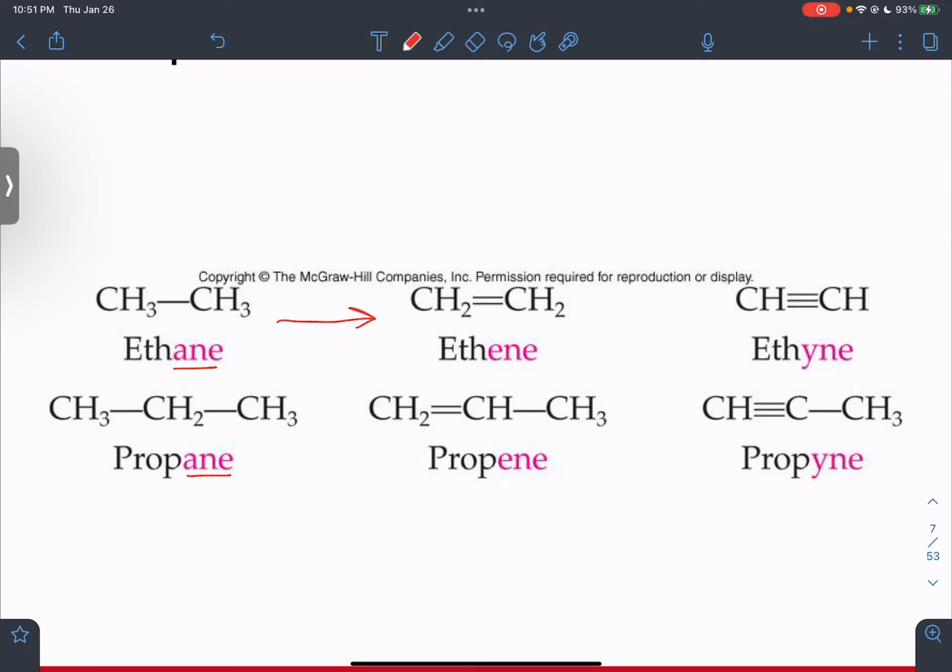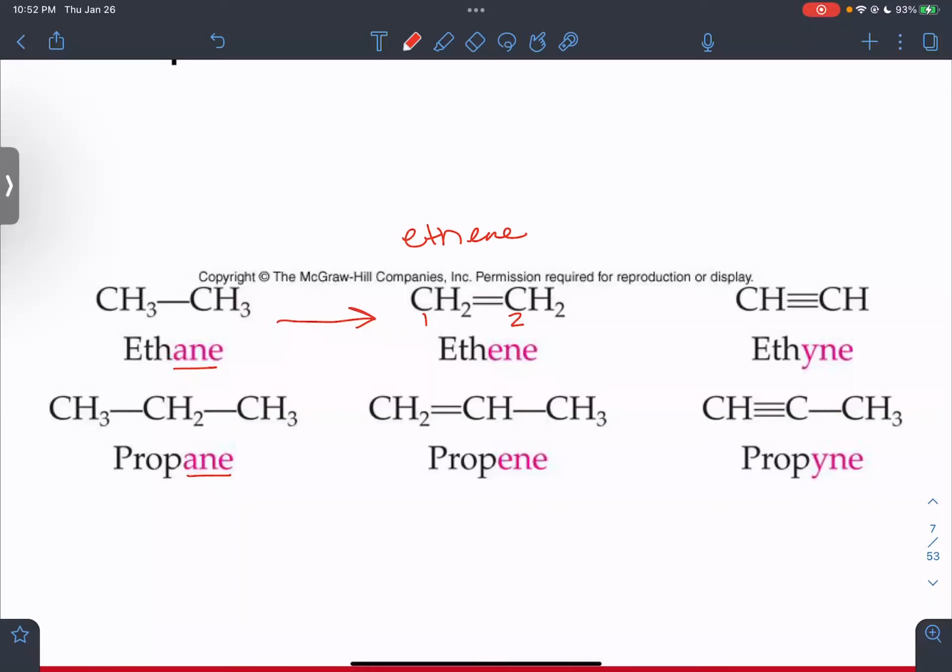This is 2 carbons, so that's where we get the ETH. Then we know there's a double bond, so it's ENE. But it just said that we had to number the first carbon that participates in the carbon-carbon double bond. Well, if you only have 2 carbons, they could both be carbon number 1. So you just don't put it.